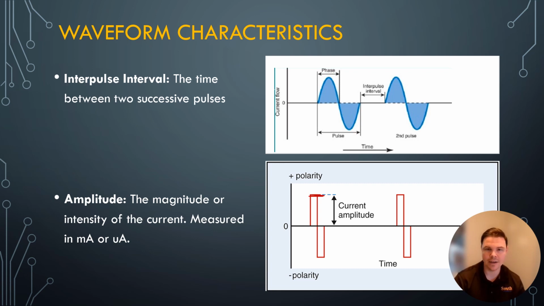So how high in terms of amplitude of polarity, like this could be positive 25, and up here is positive 50. If I increase the amount of energy dedicated to this particular phase, I would increase the amplitude, and I'd have a corresponding increase in the amplitude going the opposite direction for the other part of the phase. So know what the interpulse interval is, know what the amplitude is.